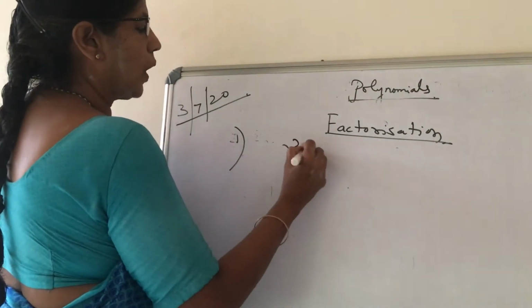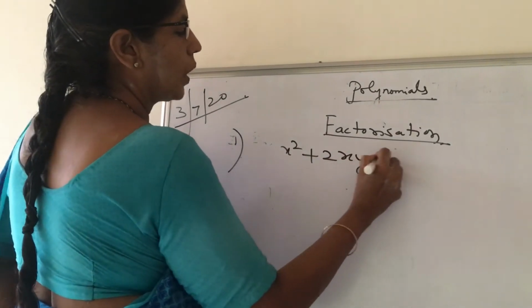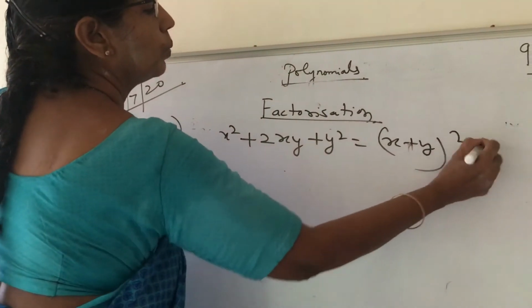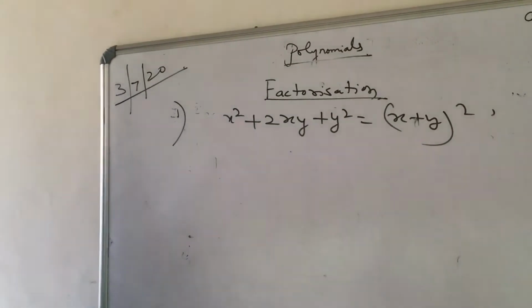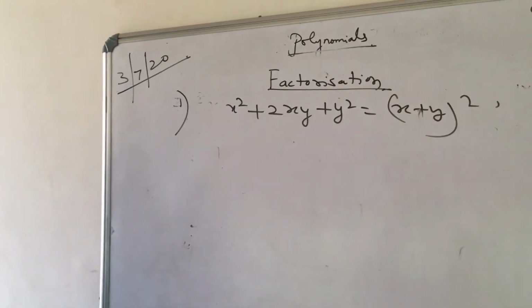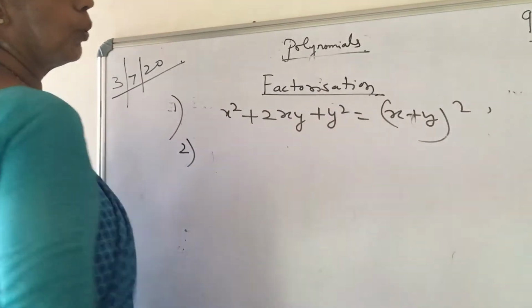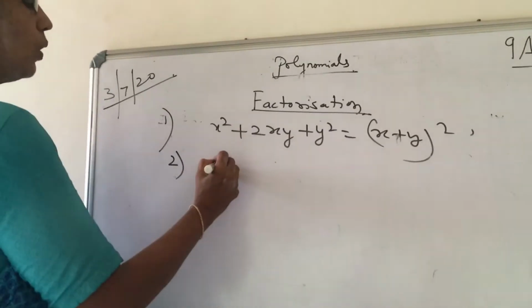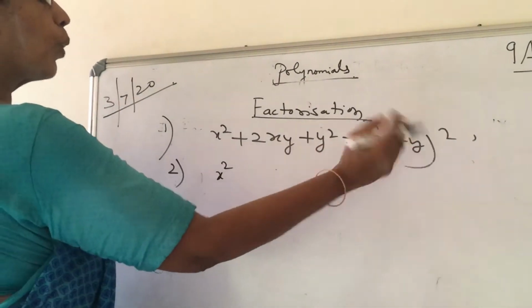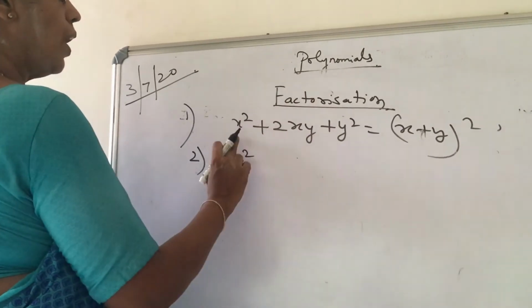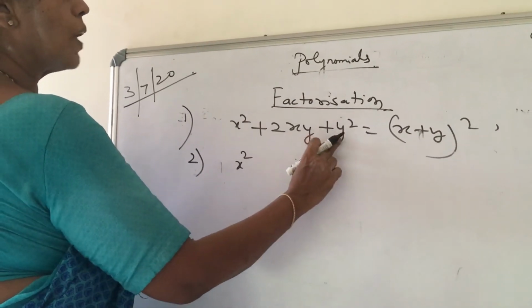X squared plus 2xy plus y squared is equal to x plus y the whole square. Before what you learned? X plus y the whole square is equal to x squared plus 2xy plus y squared.